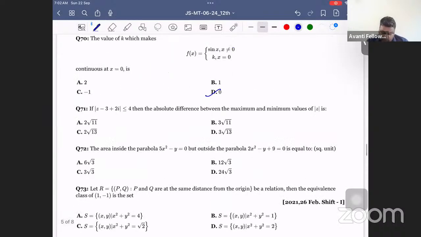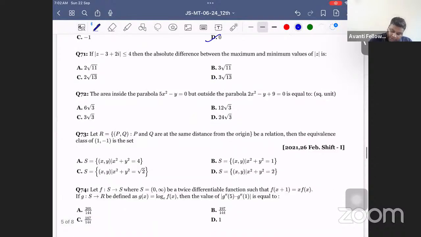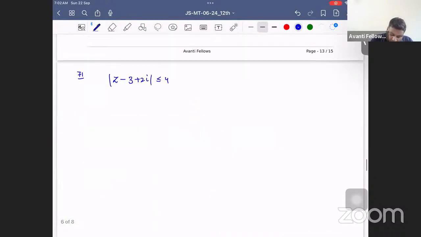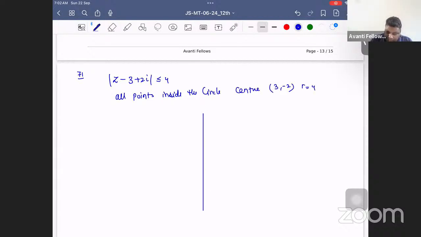The question is the absolute difference between the maximum and minimum values of mod z. See, all points inside the circle with center 3 comma minus 2 and radius 4. So this is like this.